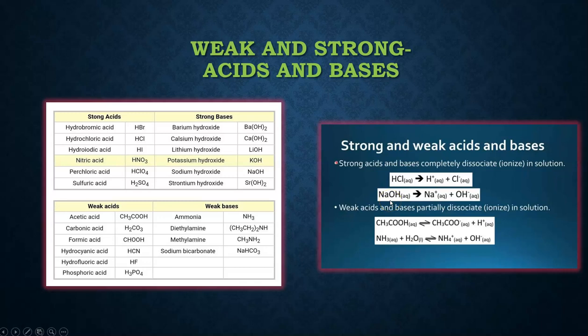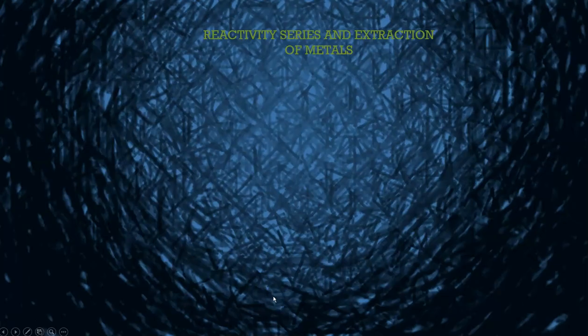Similarly, a weak base is not dissociated completely into OH minus that would neutralize the H plus ion in the solution. So this is a weak base as well. So this is all about titration.